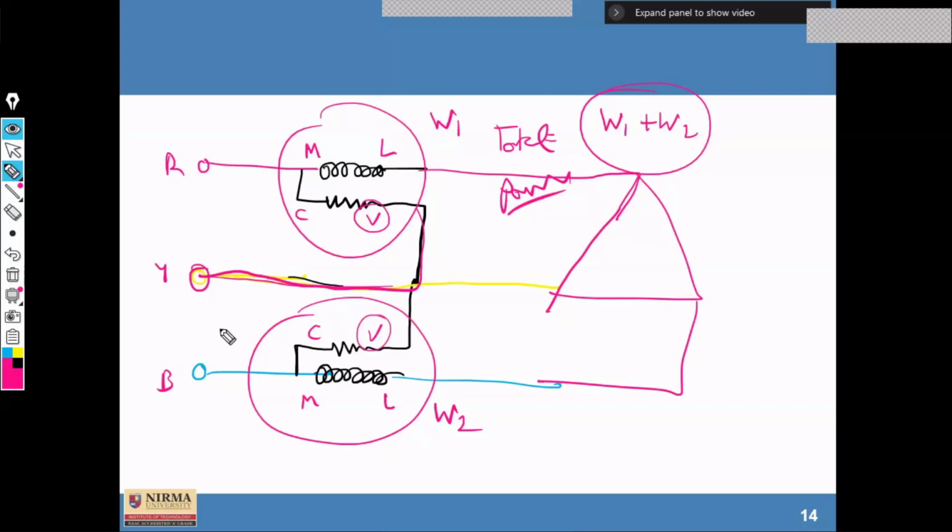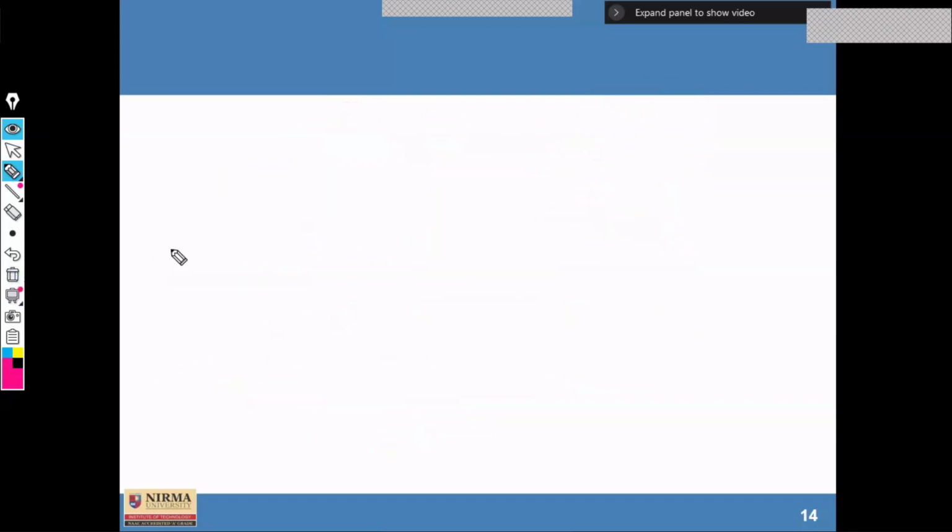There is a theory based on waveforms, and with the help of a phasor diagram we can prove that W1 plus W2 gives the total power of the three-phase circuit. Here we consider R, Y, and B, where the two wattmeters are connected on R and B, and Y is considered the return phase. So we can add the various vectors.